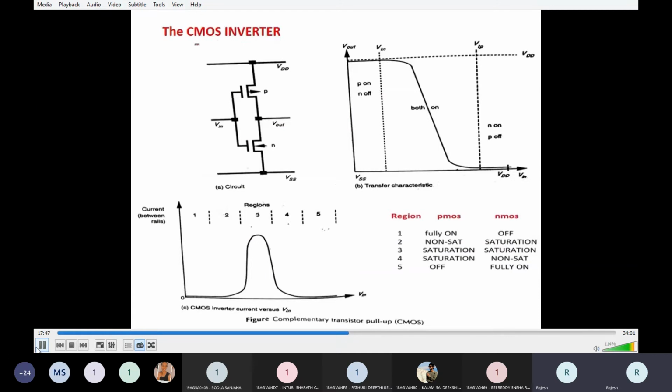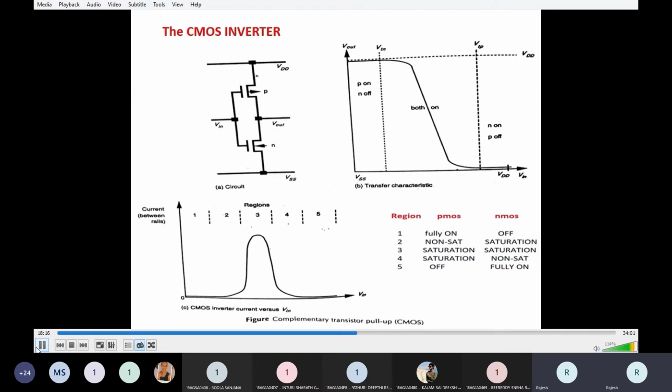Okay, the CMOS inverter. CMOS stands for complementary metal oxide semiconductor. It is a combination of both PMOS transistors and NMOS transistors. PMOS transistors work as the pull-up network and NMOS transistors work as the pull-down network. If any circuit consists of PMOSFET and NMOSFET transistors, then it is said to be CMOS technology.